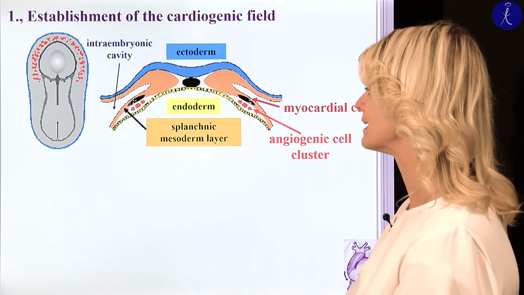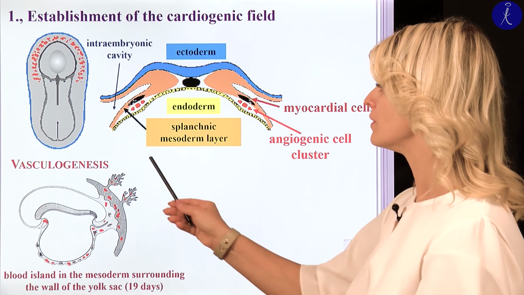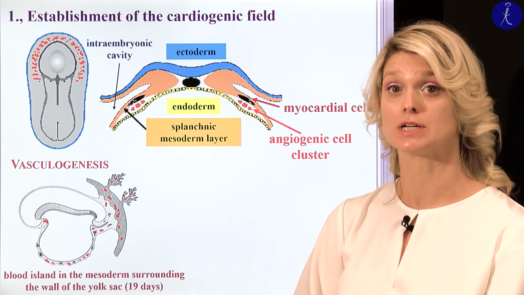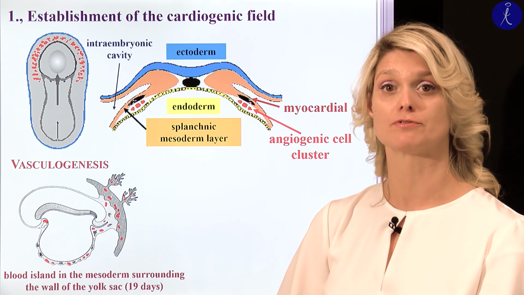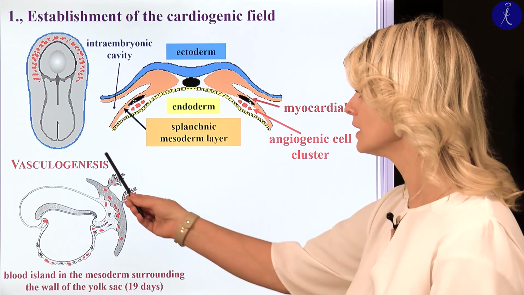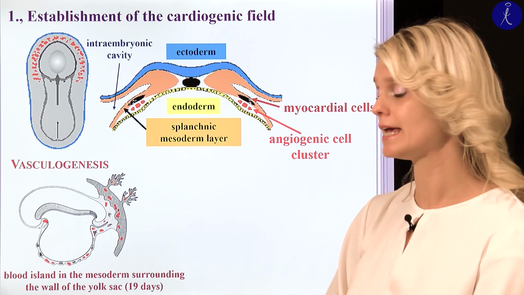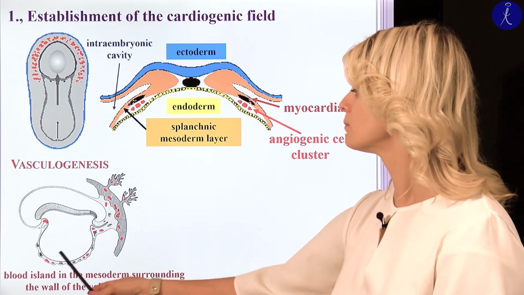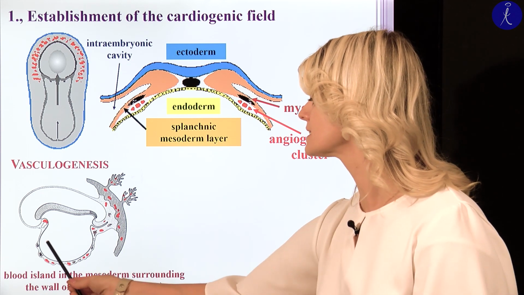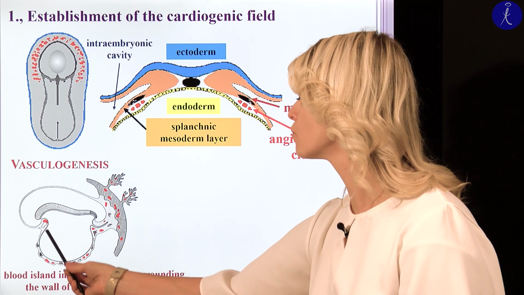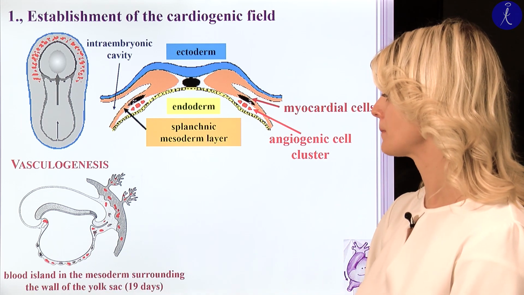We have to talk about the formation of the vessels first, before the formation of the heart tube. Here you can see that it will start on day 19, when blood islands will be visible in the mesoderm surrounding the wall of the yolk sac.